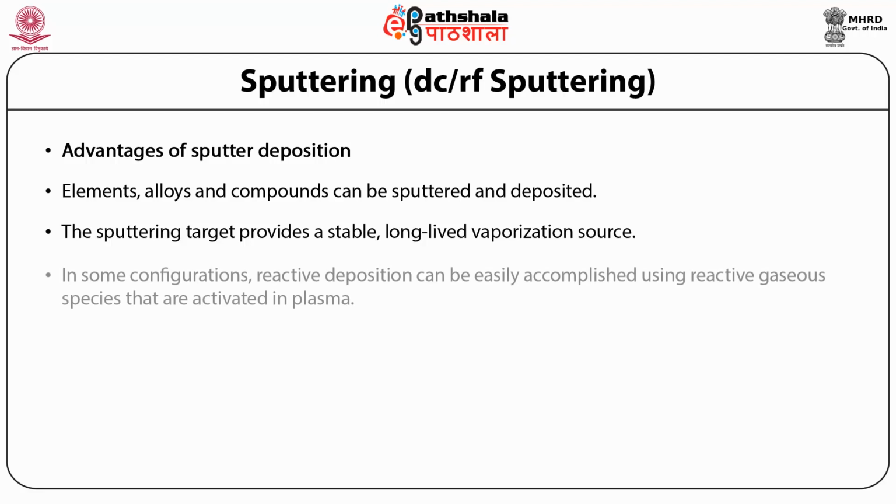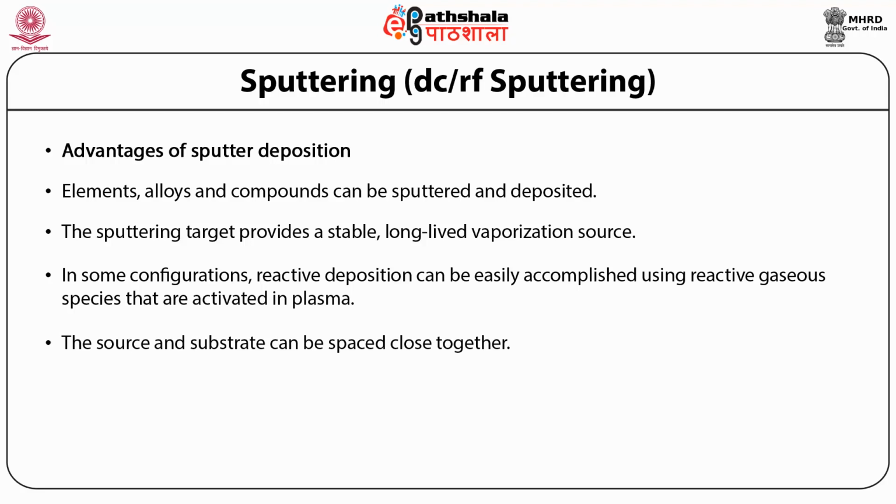Thirdly, in some configurations, reactive deposition can be easily accomplished using reactive gases, species that are activated in plasma. Next, the source and the substrate can be spaced close together. Next is that the sputter deposition chamber can have a small volume.